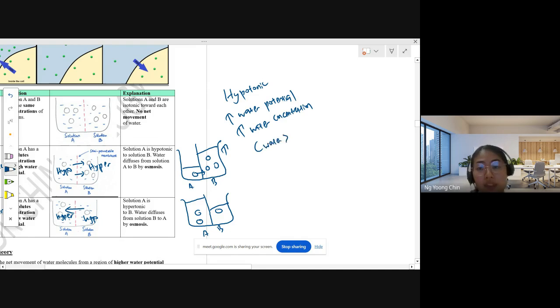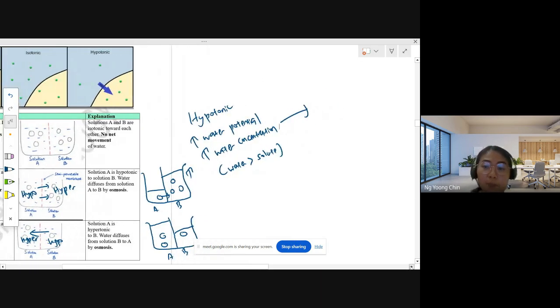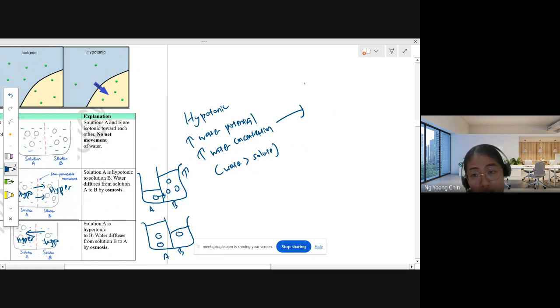Water more than solute. Okay, they will diffuse to the hypertonic, which has a lower water potential, lower water concentration.